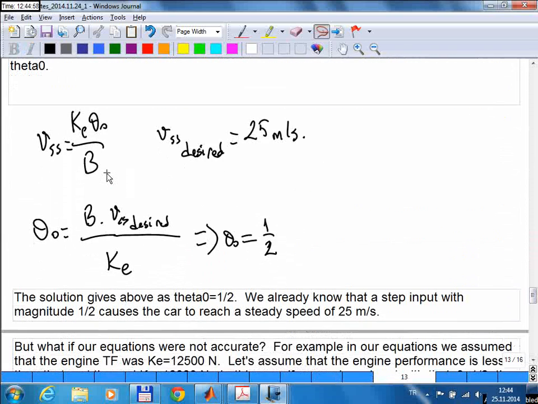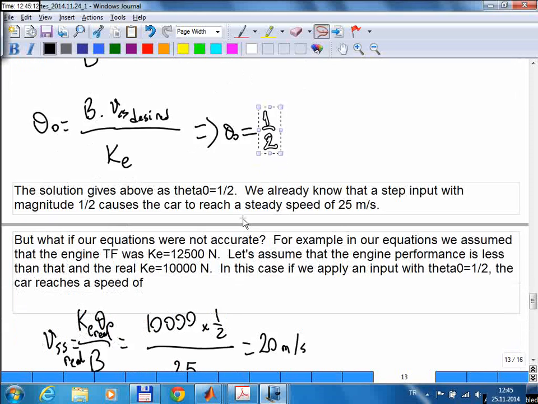And that number gives us this, right? So if I want to drive at 25 meters per second, I should put that number into this equation, and that will give me, I should apply a gas pedal input of 1/2, which means half of the maximum gas pedal we can apply.